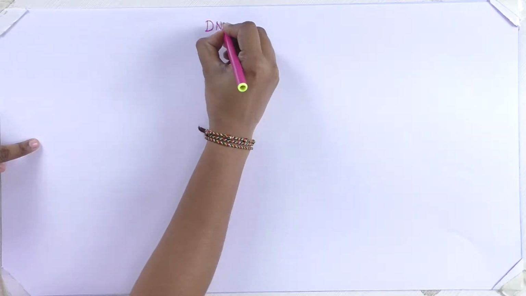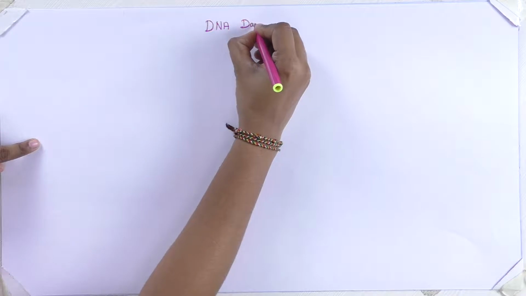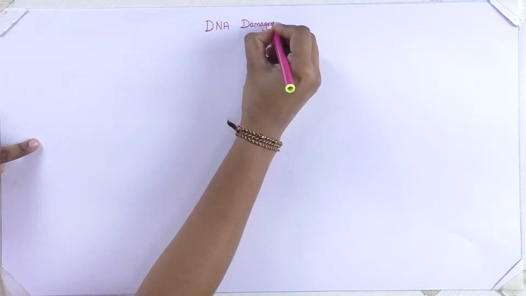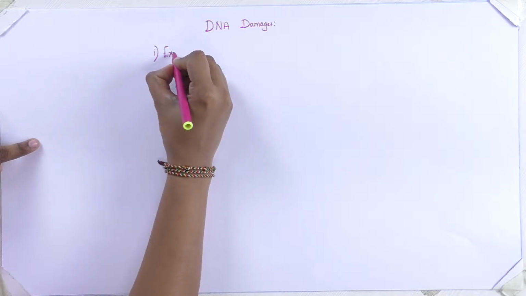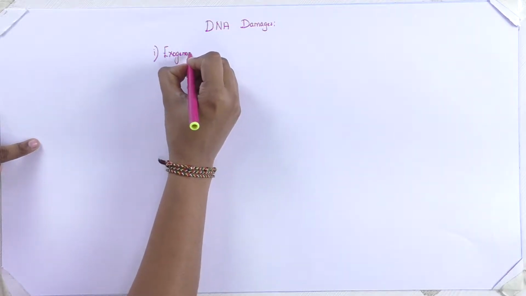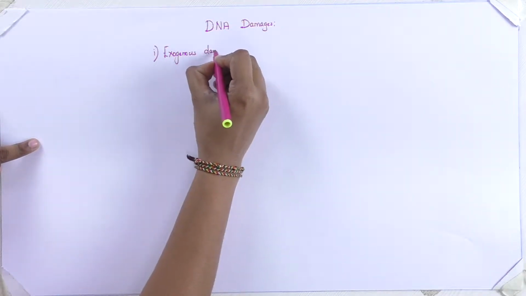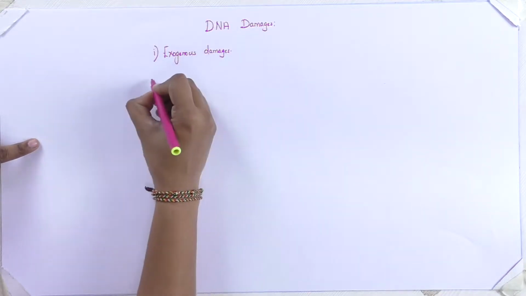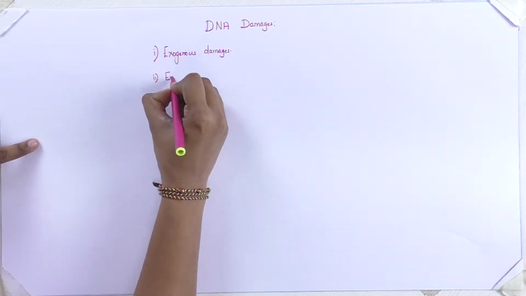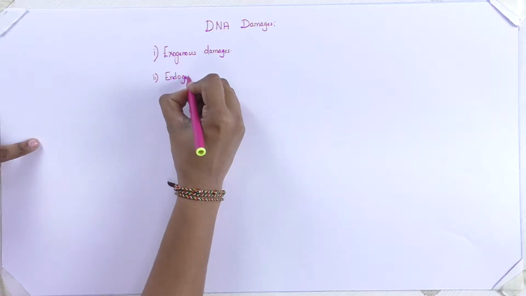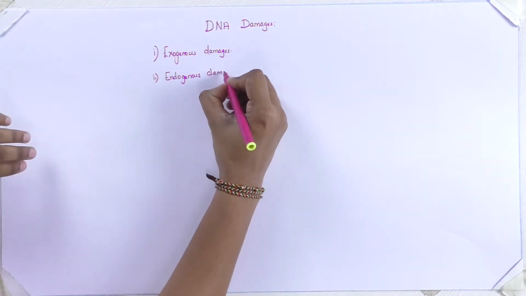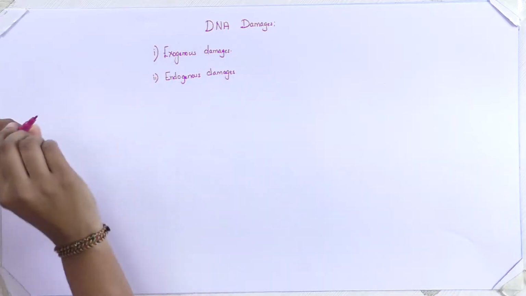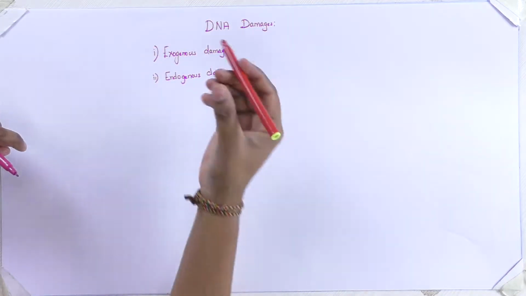So first is DNA damages. DNA damage is broadly divided into the first one, exogenous damages, and the second one, endogenous damages. So what are these exogenous damages?